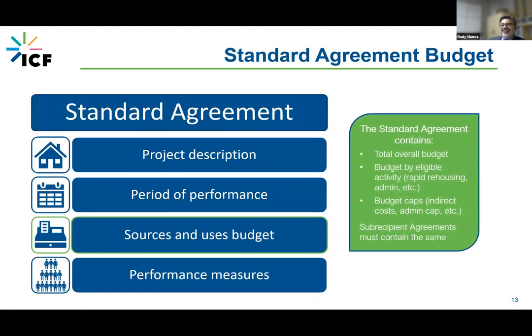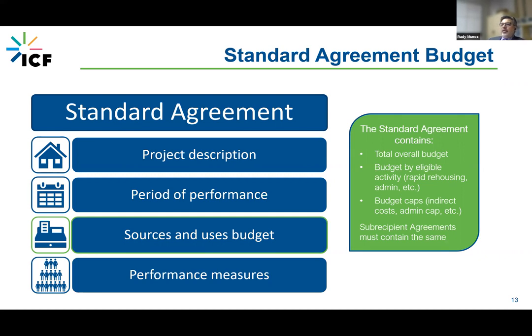Yes, thank you. Prior to dispersing any ESG CV funds to grantees or subrecipients, HCD must prepare and execute a written standard agreement with each of its grantees or subrecipients.